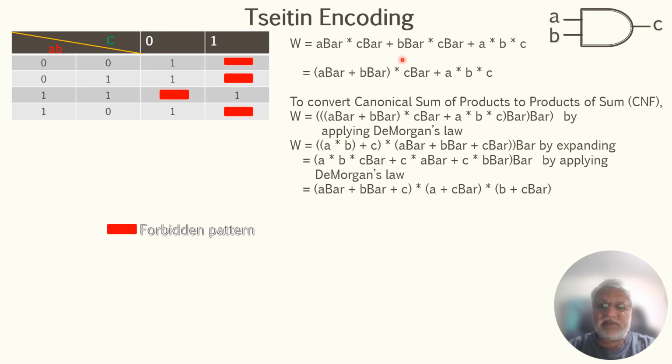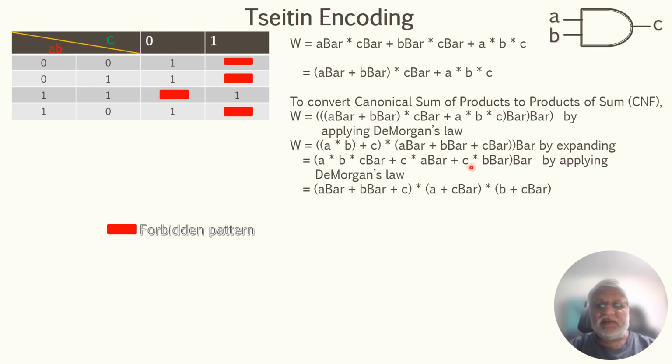So how we will bring it is that we'll make small modifications. In these two sub-expressions, C bar is common, so we've taken it, and then we bring it into CNF form. We will apply two bars to prevent data manipulation, and now this becomes A plus A and B because of applying De Morgan's law, and this is plus C, and here for this one, plus A bar plus B bar plus C bar.